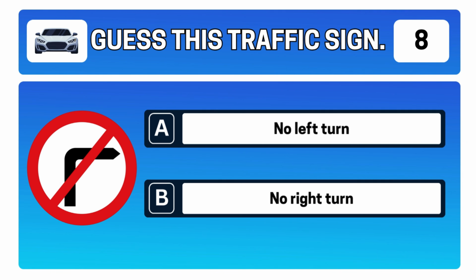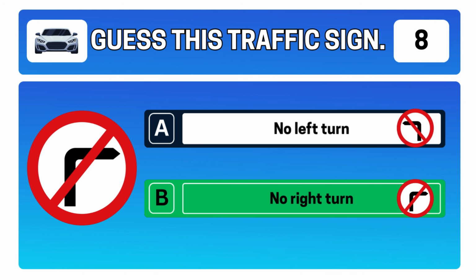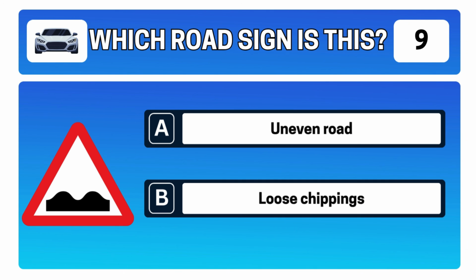Guess this traffic sign. A. No left turn. B. No right turn. Right. It is the no right turn sign. Which road sign is this? A. Uneven road. B. Loose chippings.